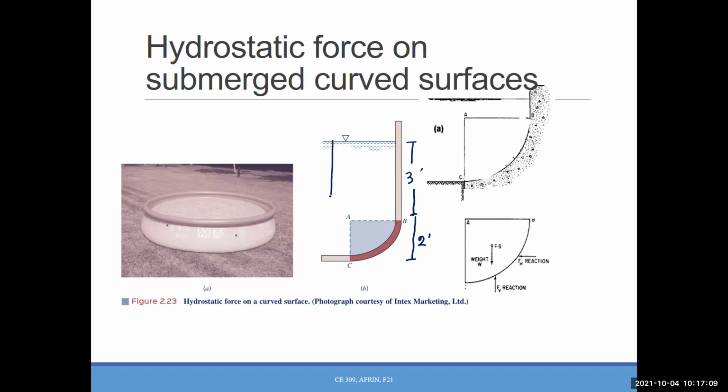So what will be the pressure distribution here? P equals 0, P equals 3 gamma, P equals 5 gamma, right? Now I need to know what the pressure distribution on this surface will look like. So that's what I will do now.